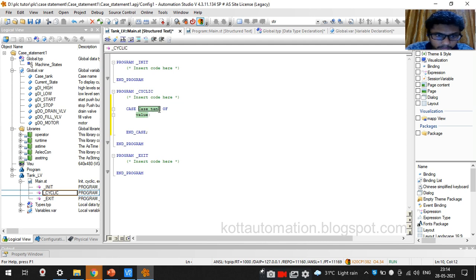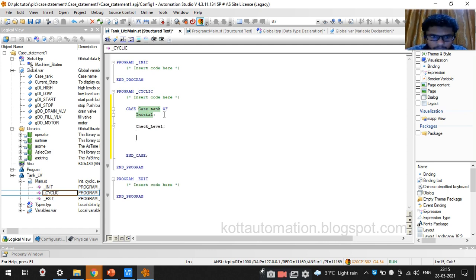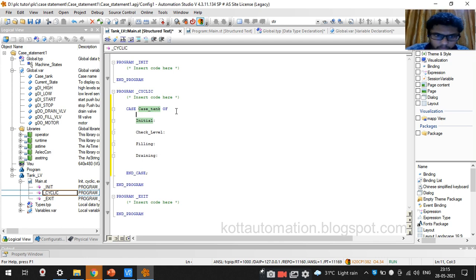This is the case variable name, and we have four states, that is initial, check level, filling, draining. So we have all the four states.